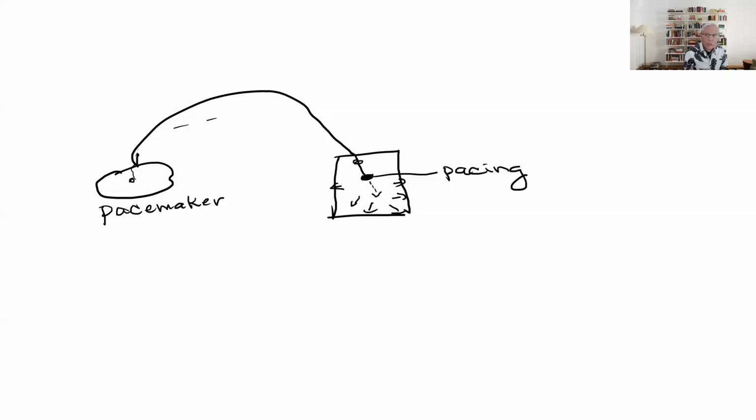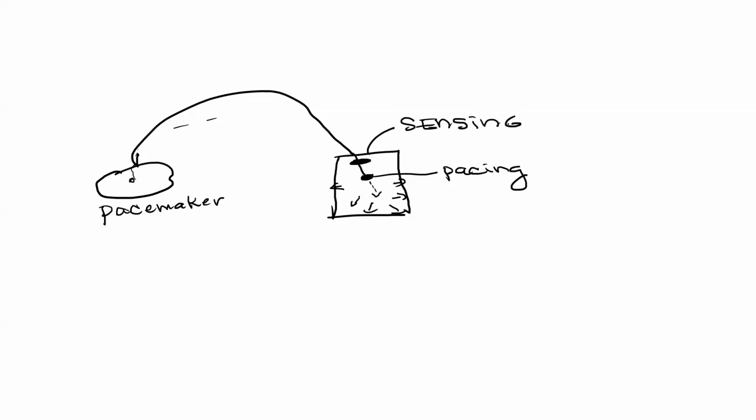Now, however, you don't want to be delivering electrical current all the time. The computer or the pacemaker needs to know when it needs to deliver it. So there is another area of the pacemaker electrode, which is a sensor. It's called a sensing electrode. And this sensor will now detect when there is no electrical current. If the heart is not beating, it senses it and it tells the pacemaker, oh, the heart is not beating.